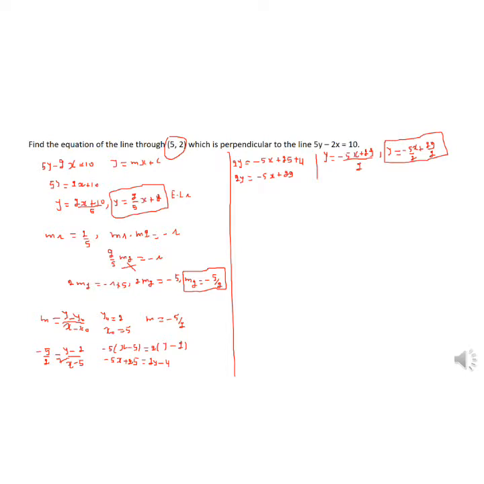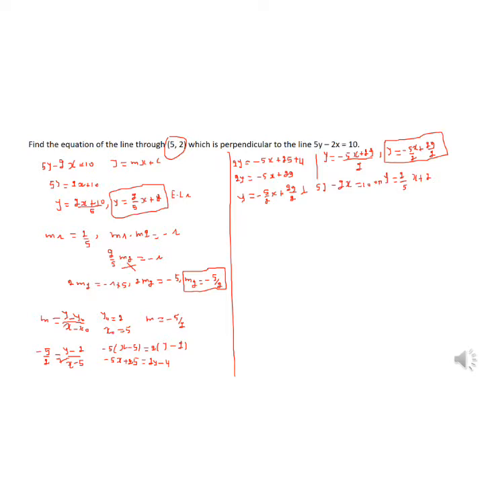It means that y, which is equal to negative 5 over 2x plus 29 over 2, is perpendicular to 5y minus 2x, which is equal to 10, or y, which is equal to 2 over 5x plus 2. So now we are going to verify the two equations are perpendicular.